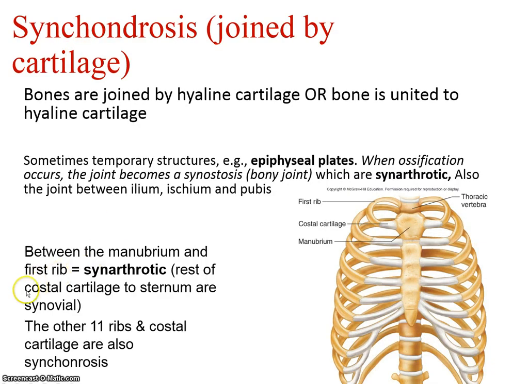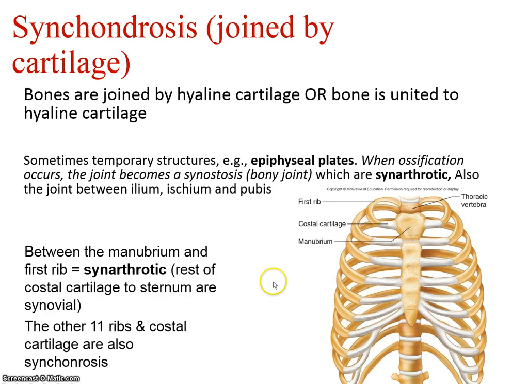But then where that costal cartilage meets here, so here again, this would be a cartilaginous joint, and these would typically be synovial with the exception of this one. So between the manubrium and the first rib, this is a synarthrotic joint. Okay, but between the rest of the pieces of cartilage and the sternum, this is all synovial joints.